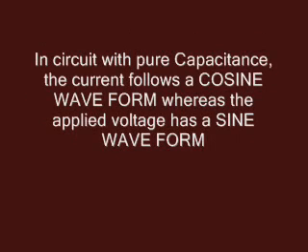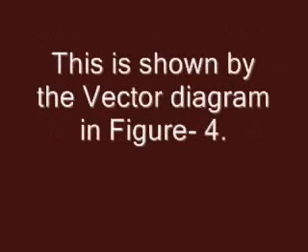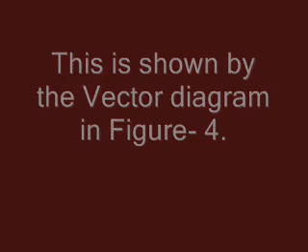In a circuit with pure capacitance, the current follows a cosine waveform, whereas the applied voltage has a sine waveform. This is the same as a sine wave advanced by 90 degrees in phase, and it is said that the current leads the applied voltage by 90 degrees. This is shown by the vector diagram in the figure.